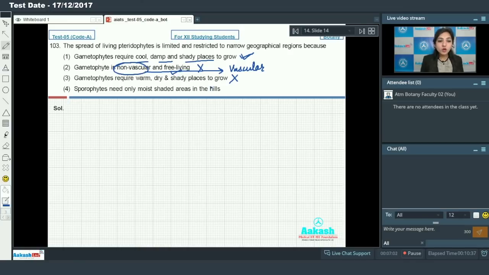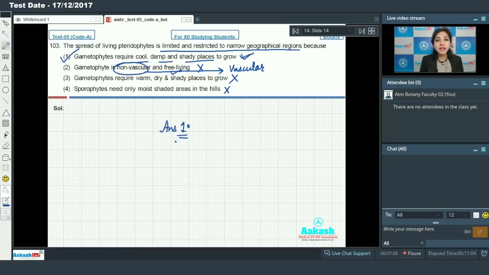Next option is sporophytes need only moist, shady areas in the hills. No, this is incorrect. So by this, spread of living pteridophytes is limited and restricted to narrow geographical regions because their gametophytes require cool, damp and shady places to grow. So by this, answer to this question is option number 1.